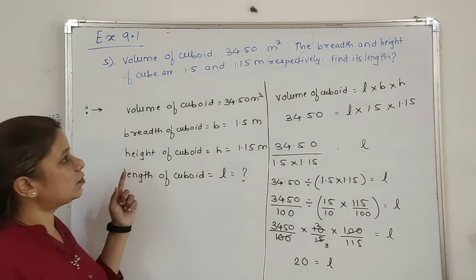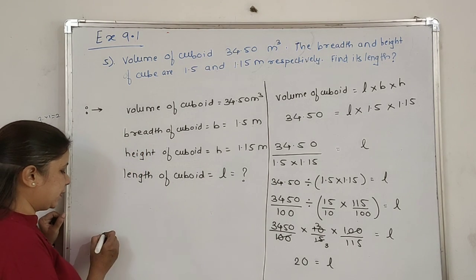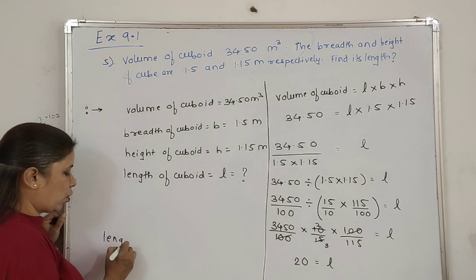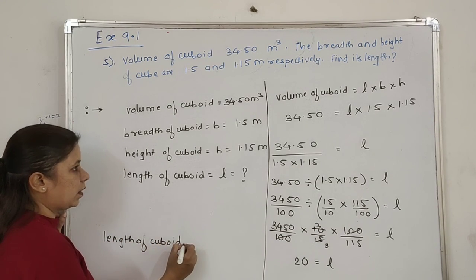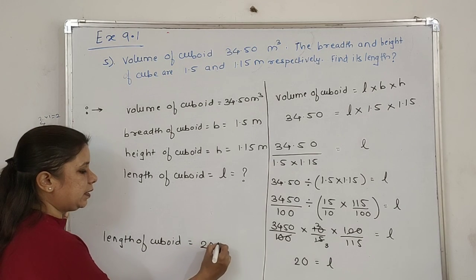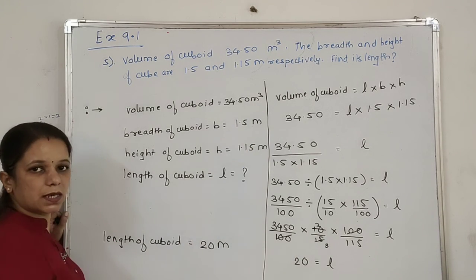Okay. So length of cuboid equal to 20 and the unit given is meter.